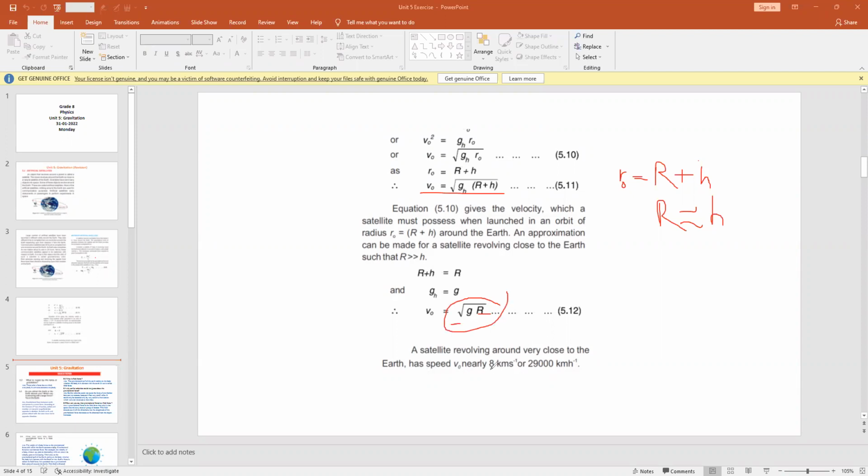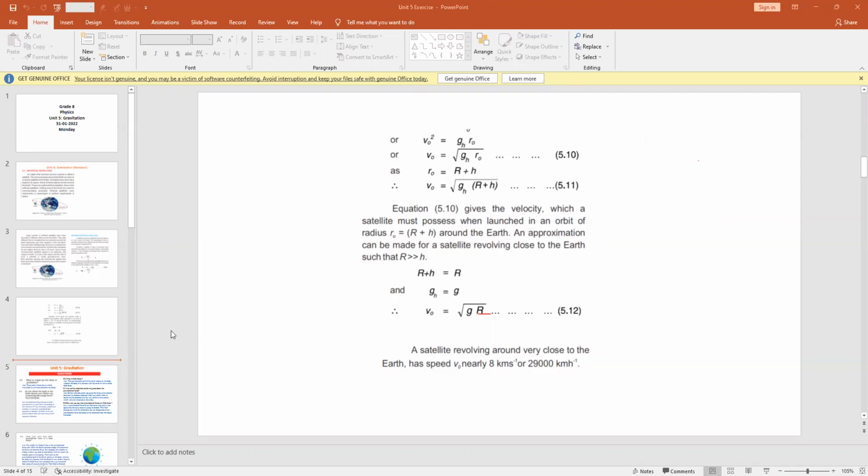V naught is equal to 8 kilometer per second, or in kilometer per hour it is about 29,000 kilometer per hour. So the satellite that is revolving very close to the earth has a speed of 8 kilometer per second. So these are the points that have to be remembered. In this way we can calculate the motion of artificial satellite.